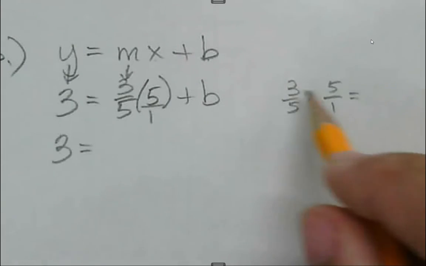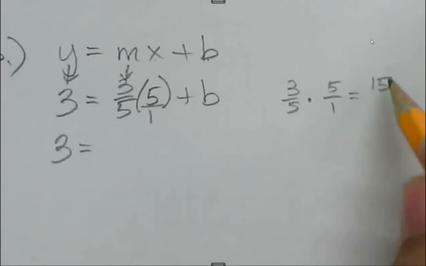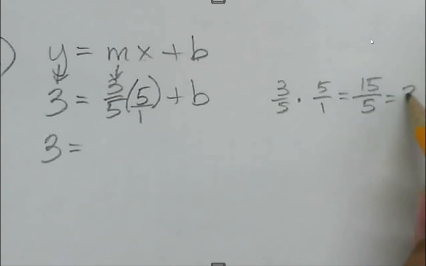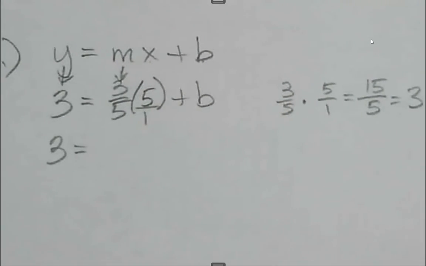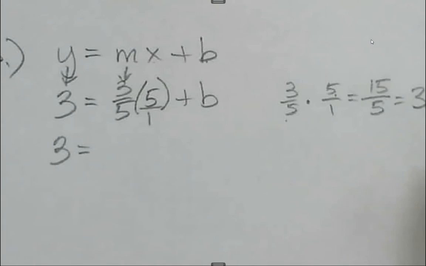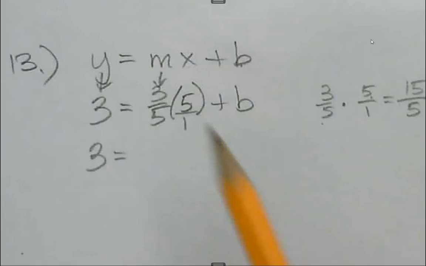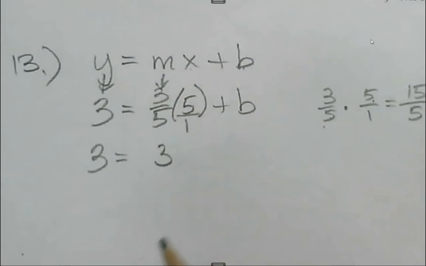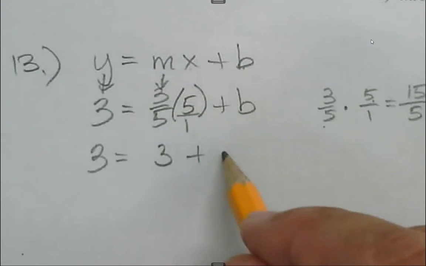So really what I have is 3 times 5 is 15. And 5 times 1 is 5. So really 15 divided by 5 just simply equals 3. So when I take 3/5 times 5, really all I get at the end is 3. So this 3/5 times 5 is actually just 3 plus b.